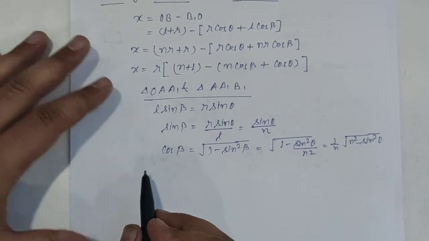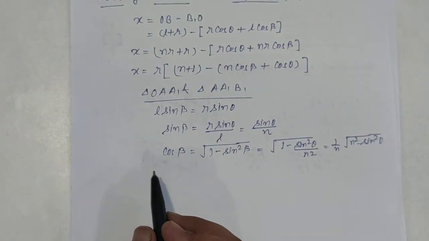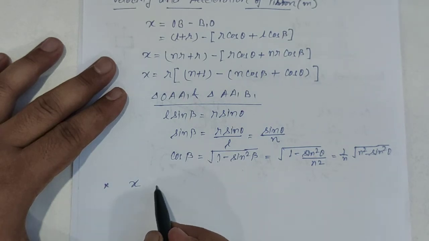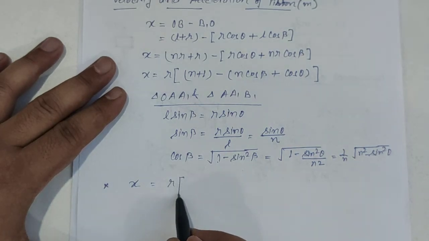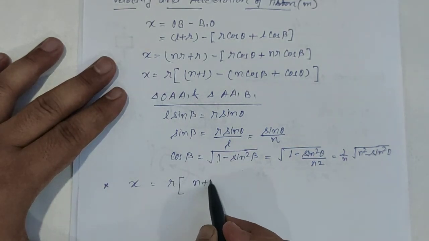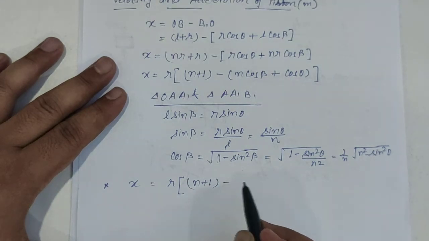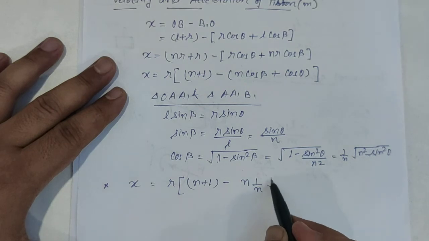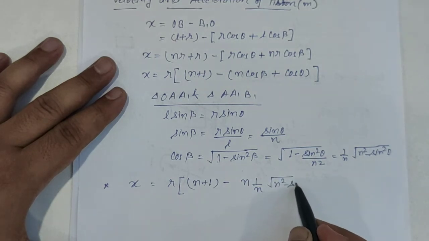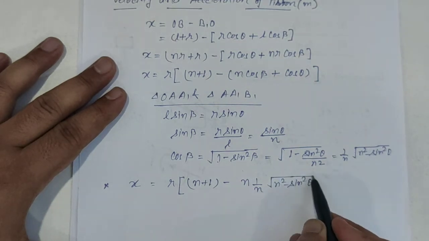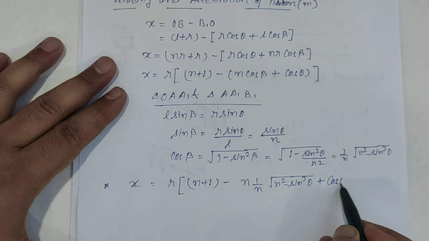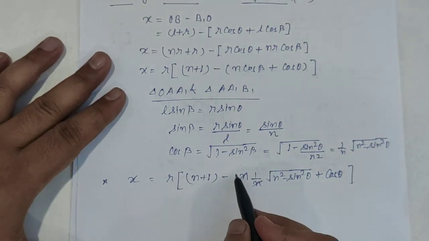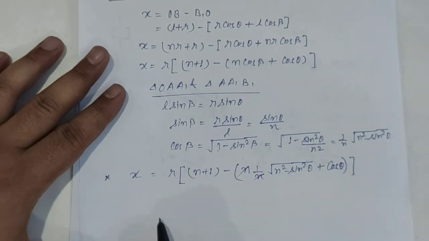Now replace this in x. Now we are going to calculate the displacement. Displacement will be equal to r, this is common, n plus 1 minus n cos beta, which is 1 by n under root of n square minus sin square theta, plus cos theta. This n cancels out. Here we are having the negative sign.